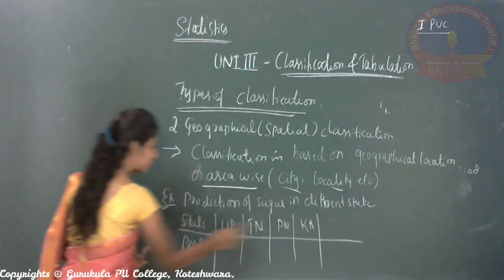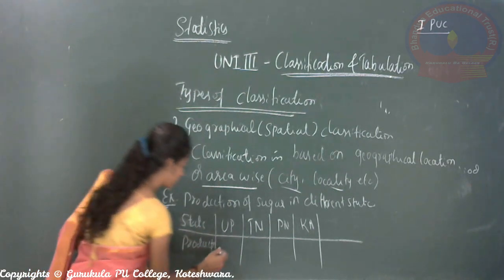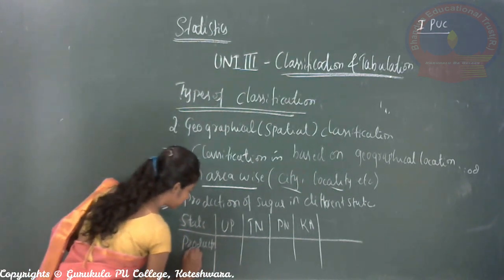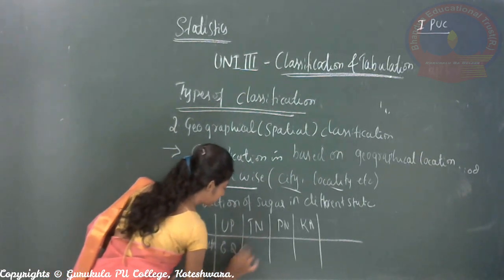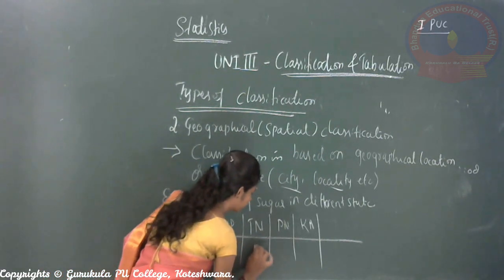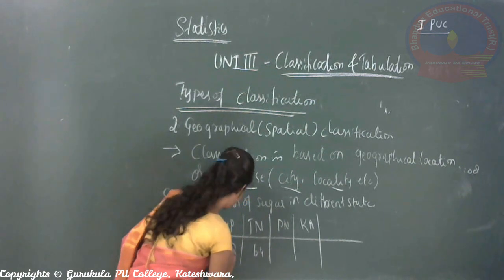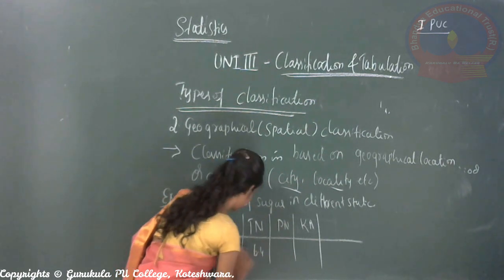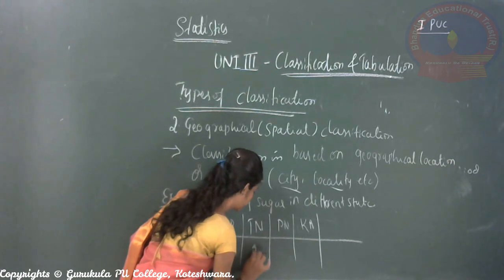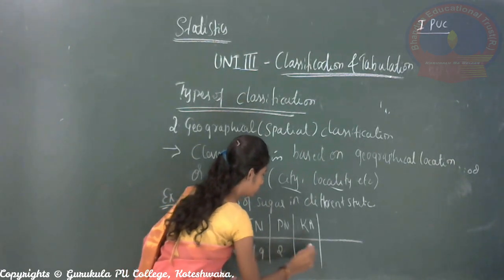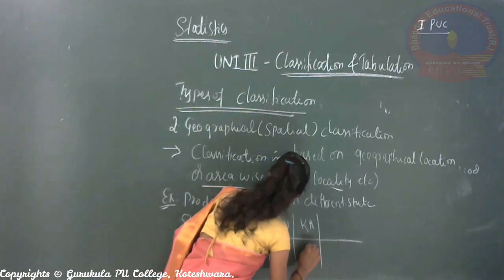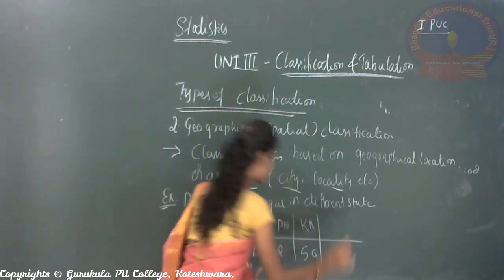All these are different states I have considered, and the production in million tons may be 6.2, then 6.4, then 9.2, and Karnataka maybe 5.6, like this.